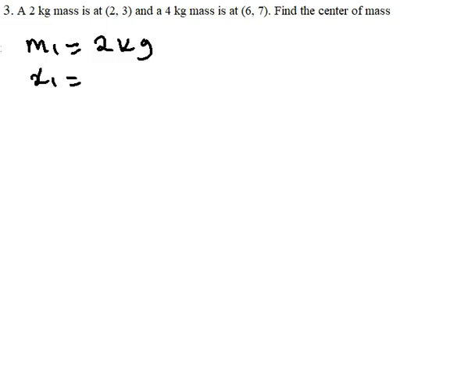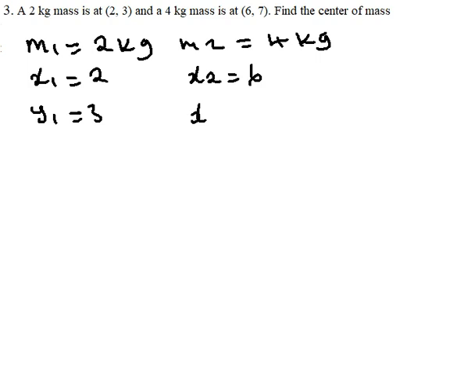Therefore, x1 is given as 2, and y1 is given as 3. And we have mass 2, which is given as 4 kg. And what are its positions? x2 is given as 6, and y2 is given as 7. So we should find the center of mass of the system. So try to do that.